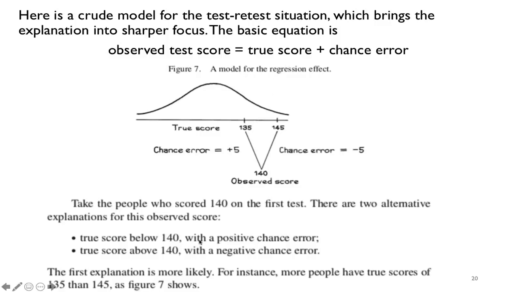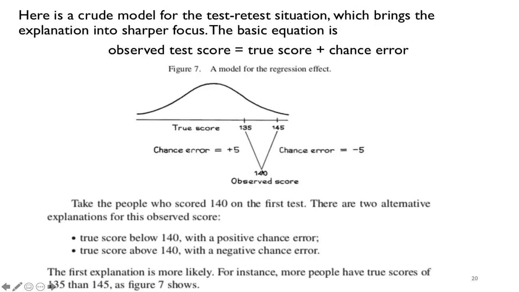Another explanation is that the true score is above 140, and again, 140 is the observed score here. So there are two explanations. One explanation is that their true score is actually 135, which means the chance error is positive, and another explanation is that their true score is say 145, which means it's above the observed test score.